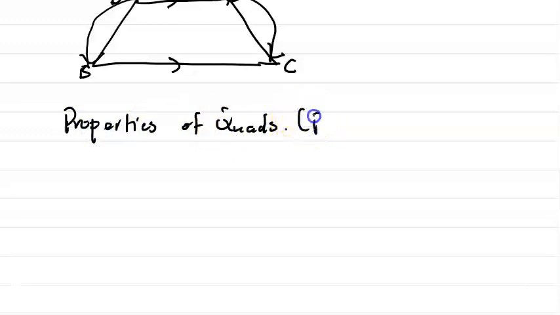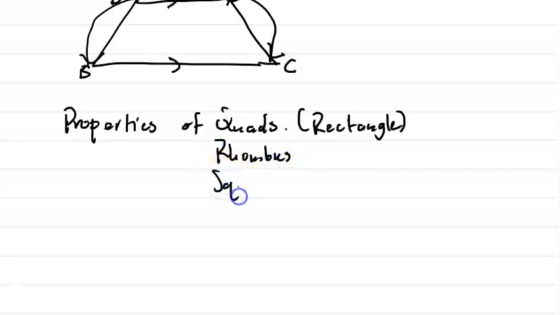So today we're going to be looking at the properties of a rectangle. Now the other quadrilaterals that you must go and learn will be the rhombus, square, trapezium, and also the kite. So let's look at the properties of a rectangle.